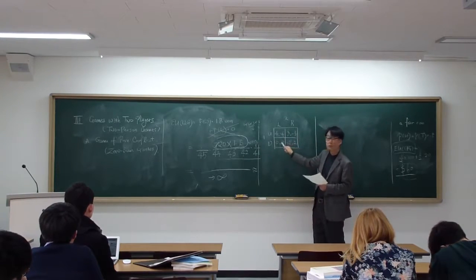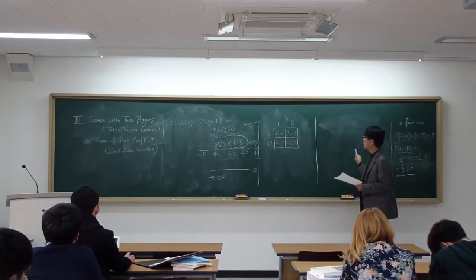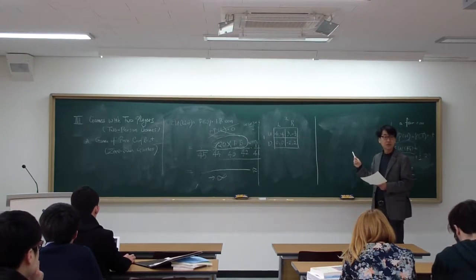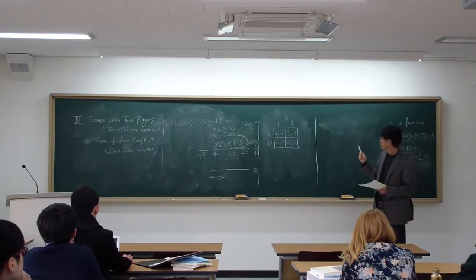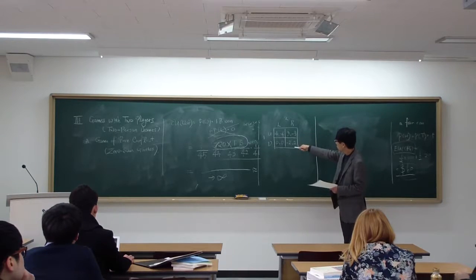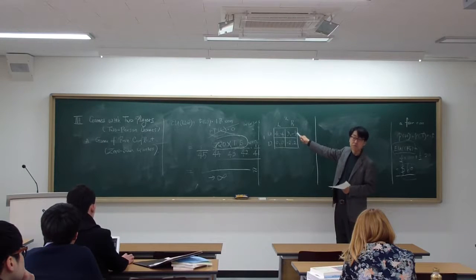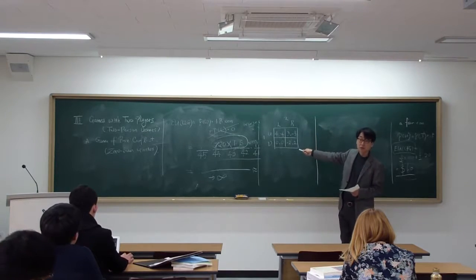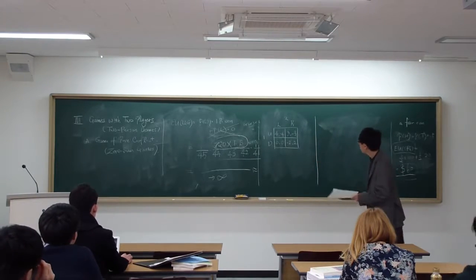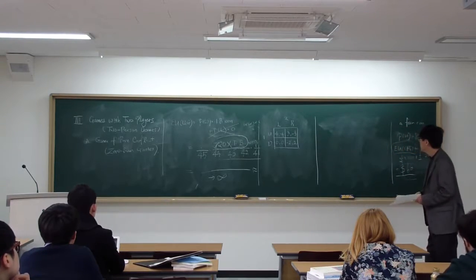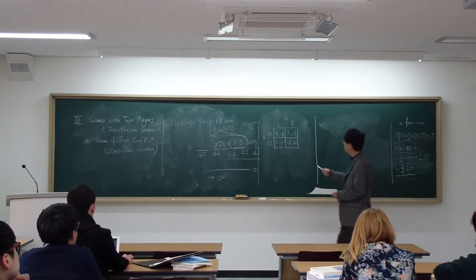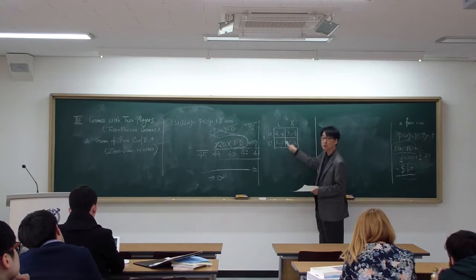Outcomes, there are 4 potential outcomes. Preferences, obviously, you would rather have outcomes that give you greater numbers. That's your preference. And payoffs are obviously these numbers.